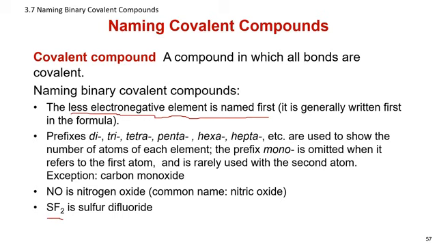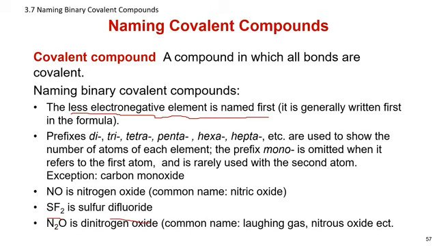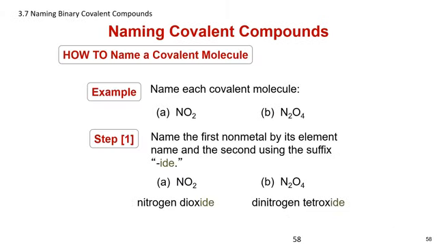Sulfur has less electronegativity. SF2 is sulfur difluoride. This is nitrogen dioxide, dinitrogen tetroxide, prefixes.